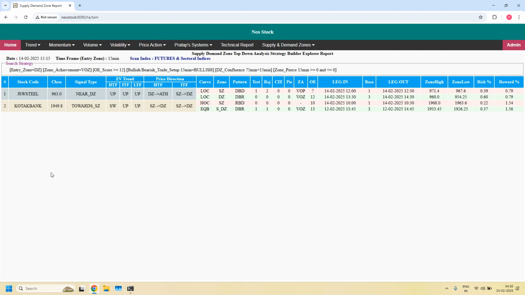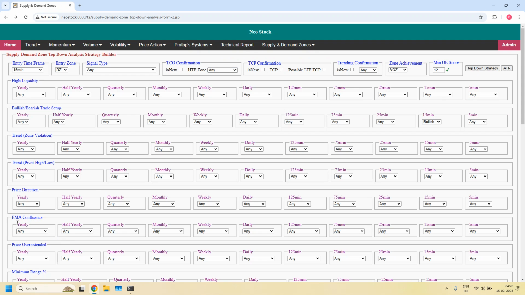Two stocks are filtered. In these 2 stocks, 15 minutes demand zone is overlapped with 75 minutes demand zone. And 75 minutes trend is up. So let's verify if the 75 minutes demand zone is having daily EMA confluence or not. If confluence is there, then those stocks are even more high probability trade setup supported stocks.